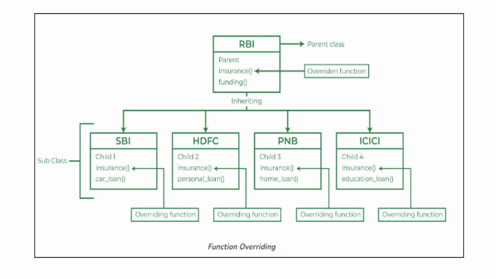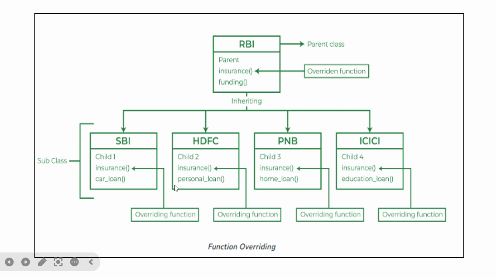In this program, we have the base class, a bank, and it has the function named insurance funding. At the same time, we have four subclasses: SBI, HDFC, PNB, and ICICI. Each child class has the function named insurance, and also its own functions such as car loan, personal loan, home loan, education loan.